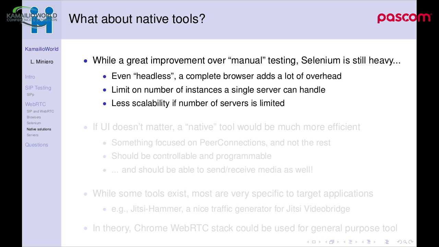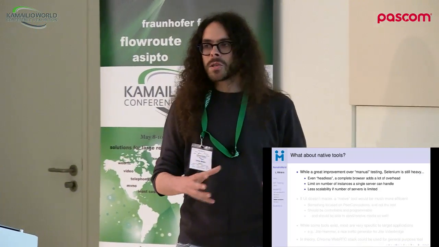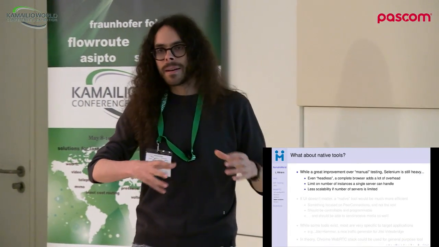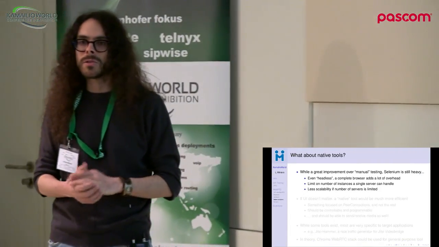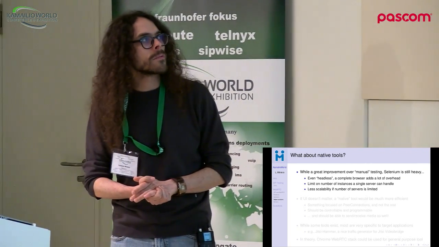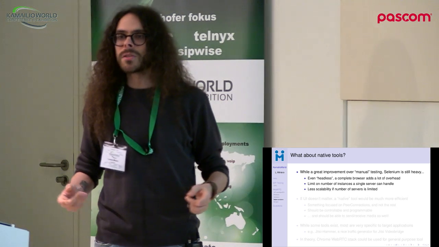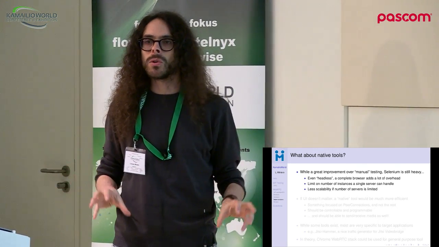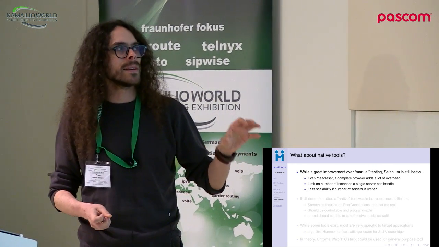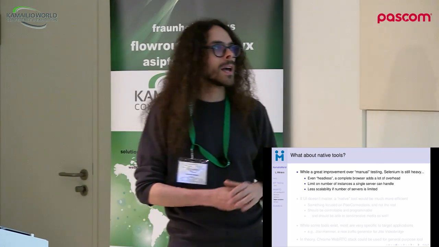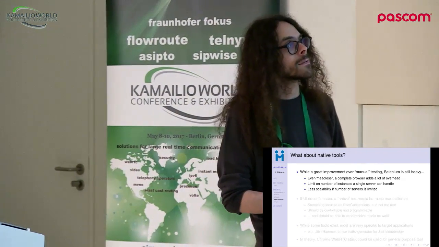The problem with this is that, even with all the optimizations that you can do, fake devices, frame buffer, and things like this, Selenium is still kind of heavy, because a single machine can only handle so many browsers without starting to suffer. And this is also because all the actual media interaction is being done with actual encoding and so on. So you're actually replicating a real endpoint, which is kind of heavy if you're doing video, for instance, or stuff like this.